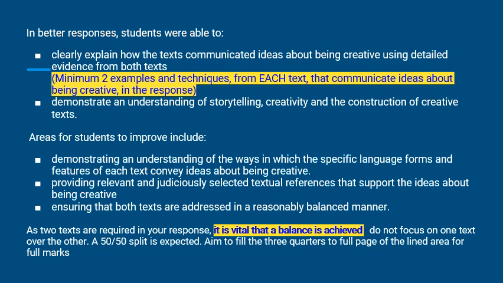Absolutely vital. So don't focus on one text over the other. A 50-50 split is expected. And for a 5 marker, you tend to get approximately 3/4 to a full page of the lined area. So it's recommended that you aim to fill that for every response.